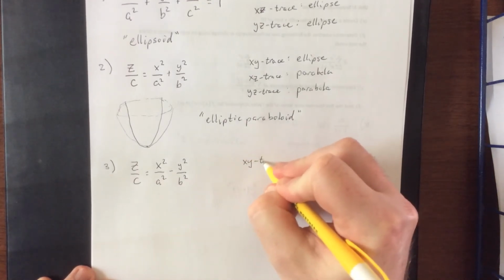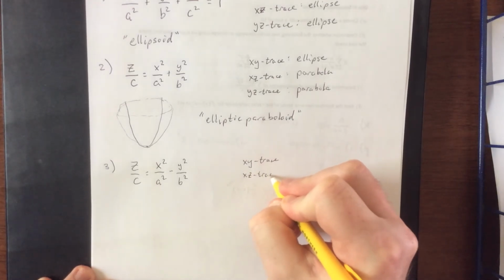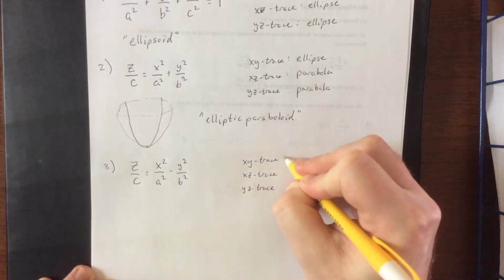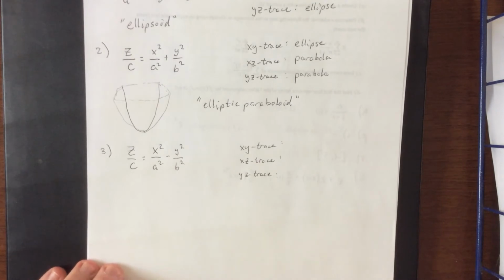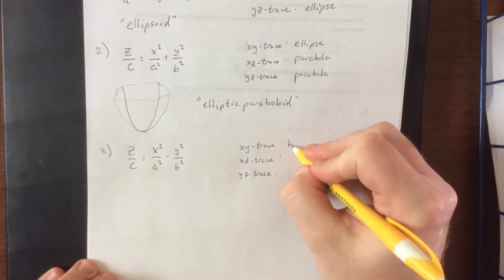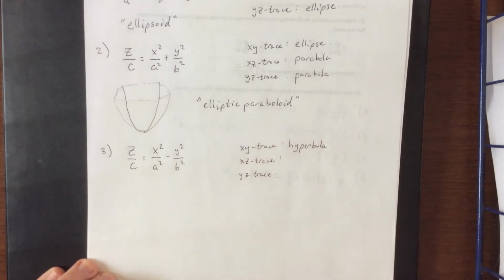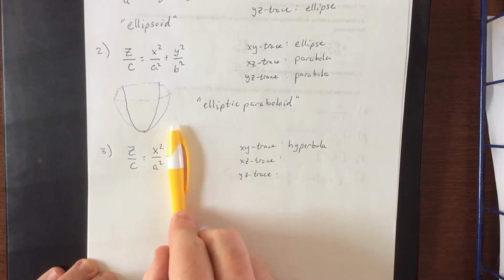So once again, if we take a look at the traces, xy trace, xz trace, and the yz trace, xy trace, we go ahead and cover up that z variable, I see that we have a difference of two squares. Difference of squares is indicative of a hyperbola. The xz trace, if we cover up that y variable, we have a parabola, and that parabola opens in the upward direction.